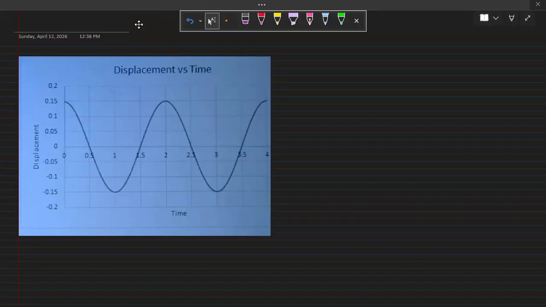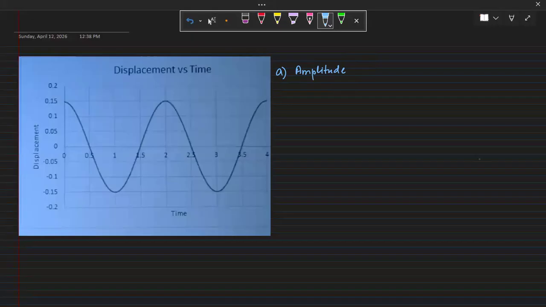Okay. So, the very first thing that comes is part A, which says to find out the amplitude. As we know, amplitude is the maximum displacement from the mean position, or from the equilibrium or reference line.